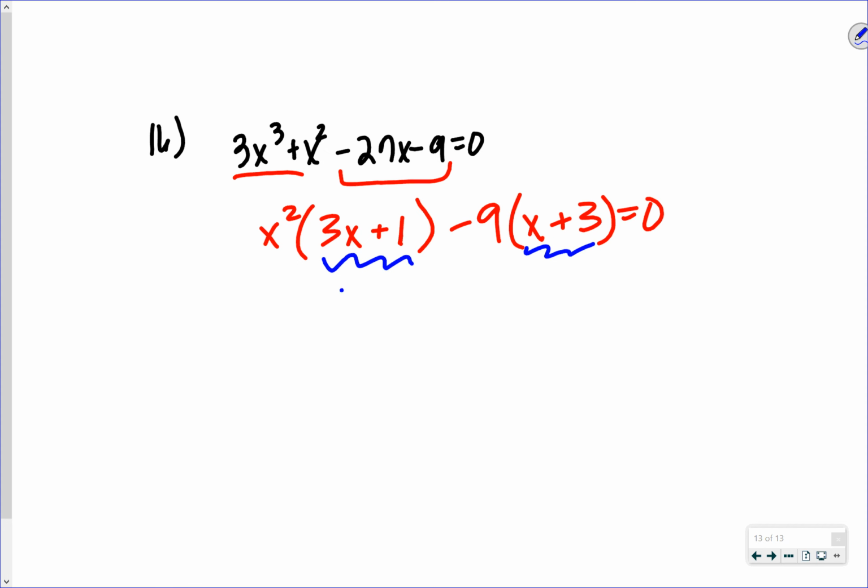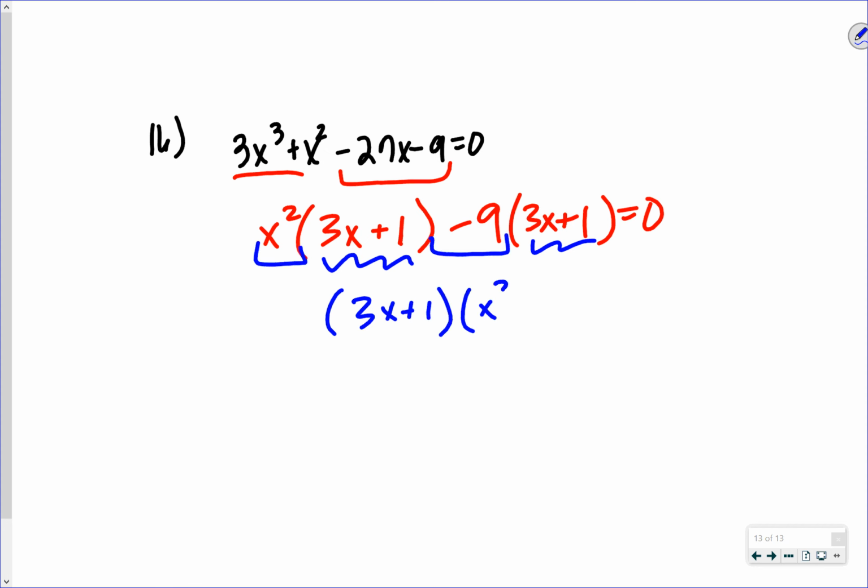That's what they have in common. Oh, wow, that was completely wrong. I took out a 9. I should have 3x plus 1. That was not great. So one of my factors is the 3x plus 1. The other factor is what's left over when you take out the 3x plus 1, which is x squared minus 9.